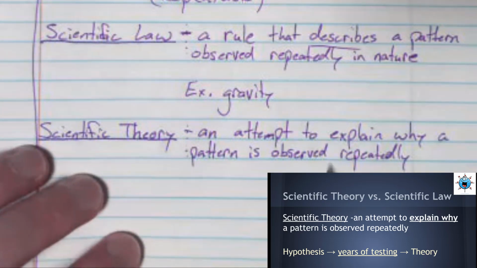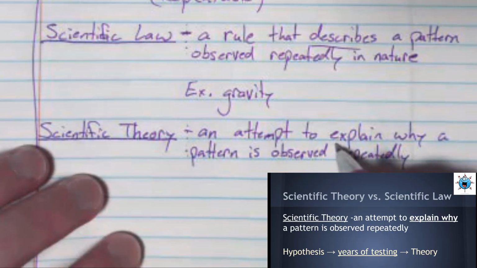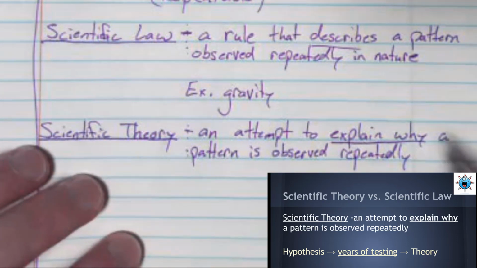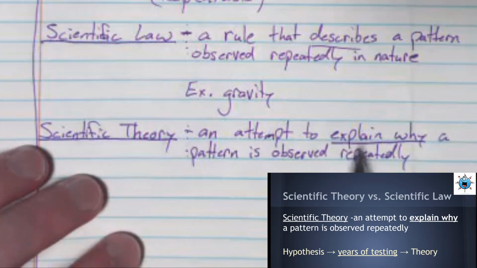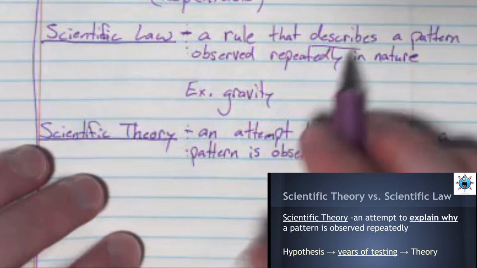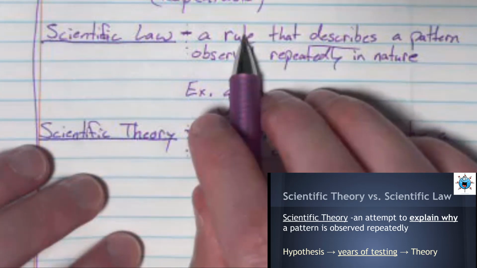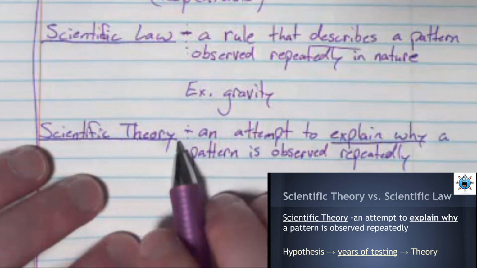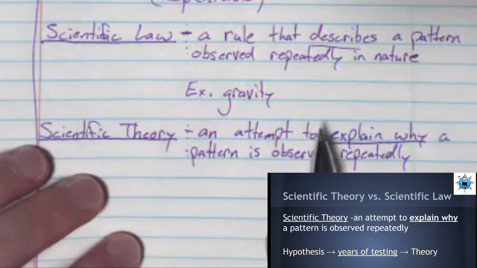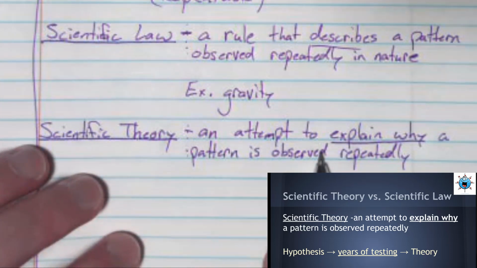So we still have these patterns, but the main difference is this explain why. So a theory is like, I think this is why it's happening, whereas a scientific law is like, this is what literally is happening. So it's a rule. It happens every time. Theory is like, this is what we think is causing this pattern to happen.